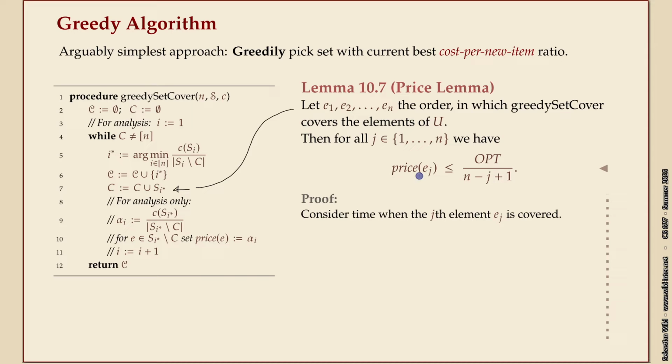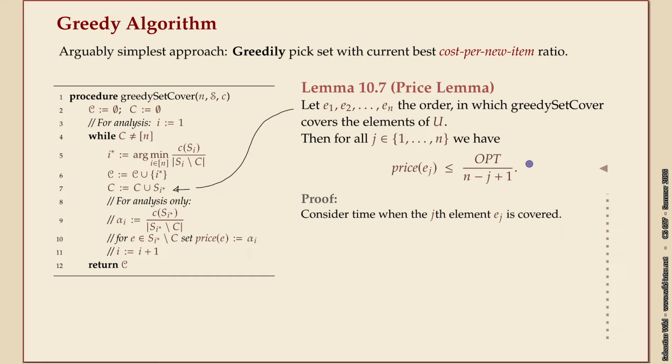And then it says the elements indeed become more costly over time. At least we have an upper bound for how much we have to pay to add this element to our set of covered elements. And it says in this algorithm, it's upper bounded by the cost of the optimal solution. But here this opt refers to the entire set cover. And it's divided by some term that when i gets bigger becomes smaller. So the overall upper bound here gets worse.